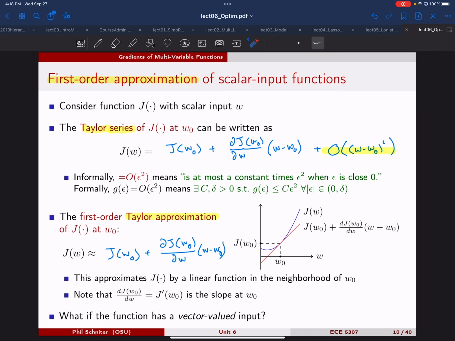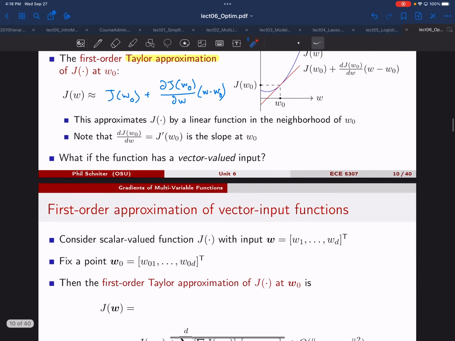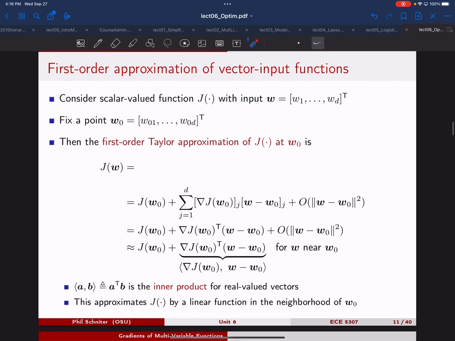Okay, so what we'd like to do now is generalize this to vector input functions. So we have a scalar output, but we have several parameters at the input, and in this case there are d of them. Again, we're going to fix a reference point. We'll call it vector, or boldface, W0, and if you want to think about its individual parameters, we could call them W01, W02, all the way up to W0d.